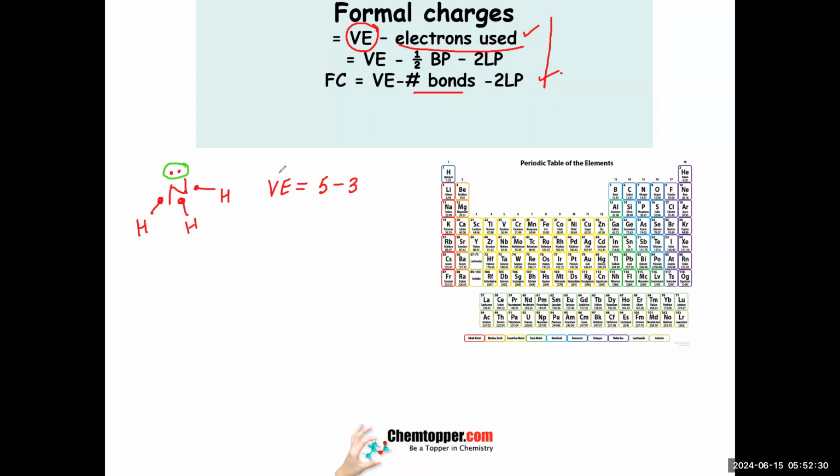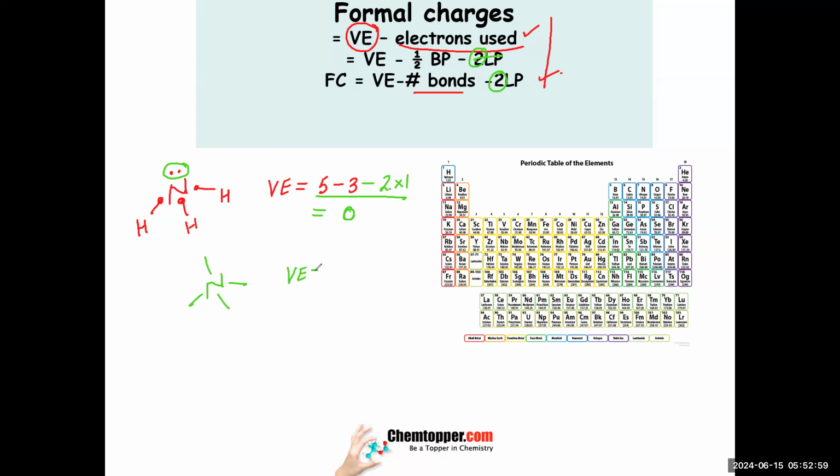There is one lone pair. Every lone pair means 2, so 2 times 1. What's the formal charge on nitrogen here? 0.